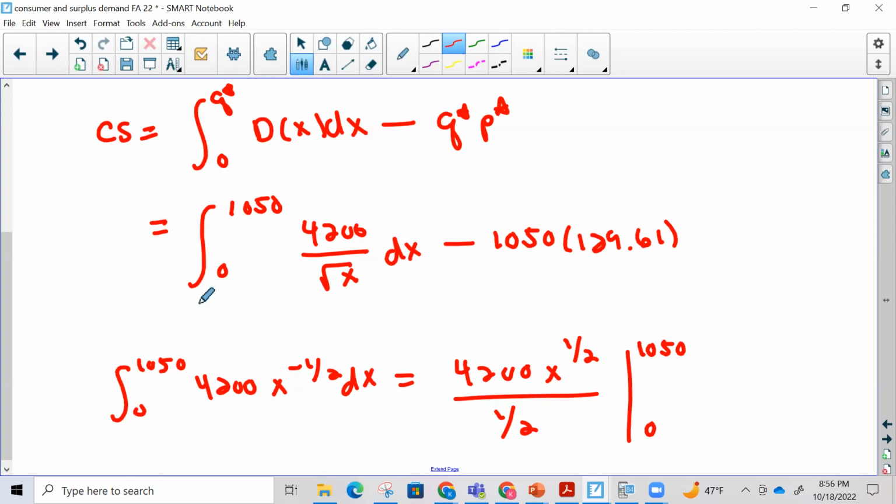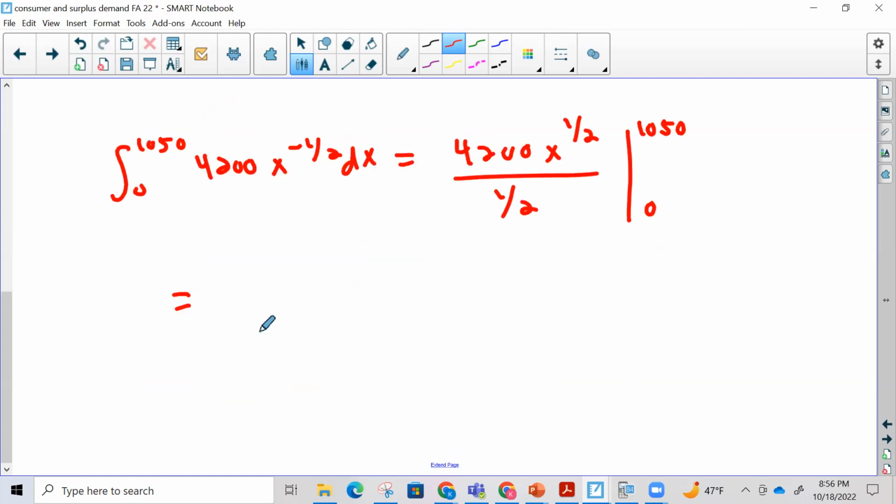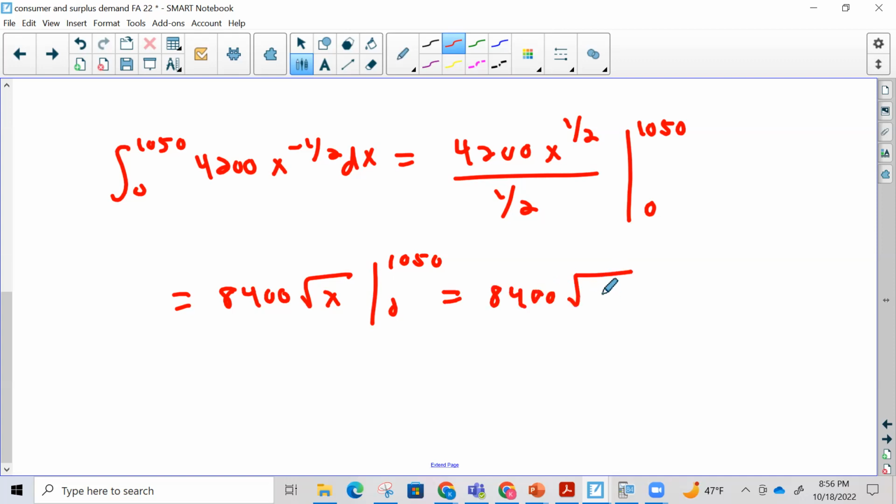We're going to use the fundamental theorem. Let's simplify a little bit. 4200 divided by 1/2 is the same as multiplying by 2, so you get 8400 times the square root of x. That gives me 8400 times the square root of 1050 minus 8400 times the square root of 0.